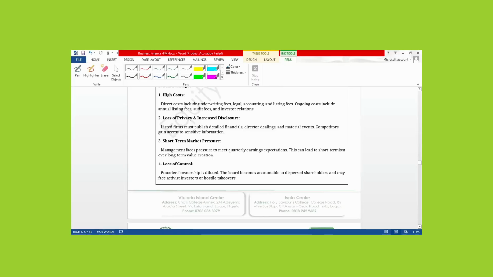Once your company is listed, management faces pressure to meet quarterly earnings expectations. It makes you focus on profit. Because the company is now publicly quoted, they will ask for a 3-month financial report or 6-month financial report. Investors want to see the profit you have achieved within 6 months.